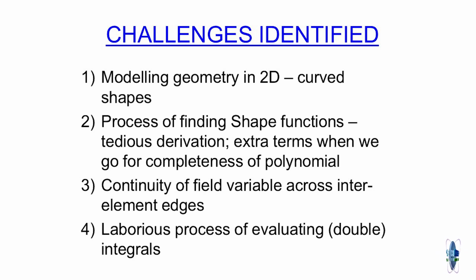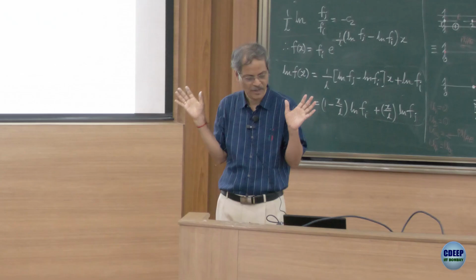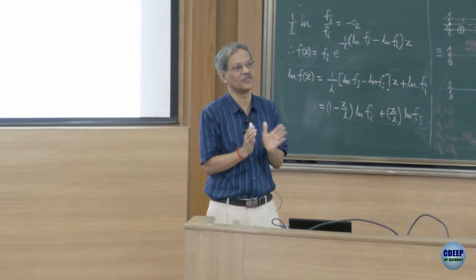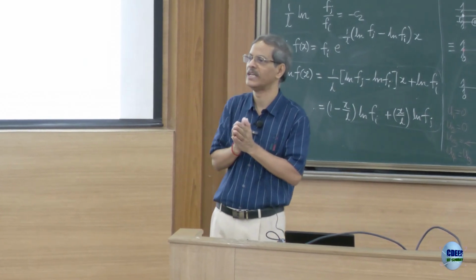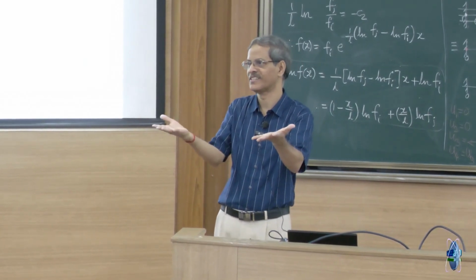And then we identified some key challenges in going simply from one dimension to two dimensions. The first challenge was that I now have to model a geometry in two dimensions.